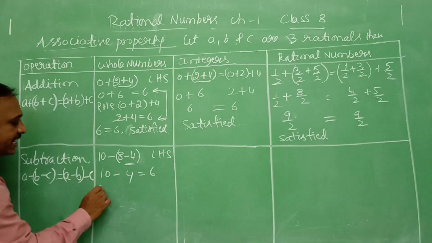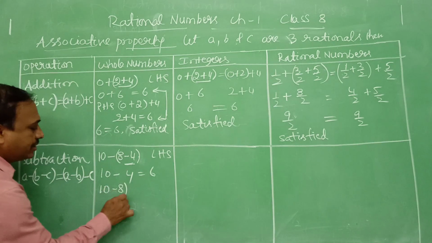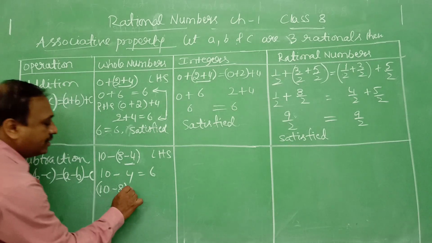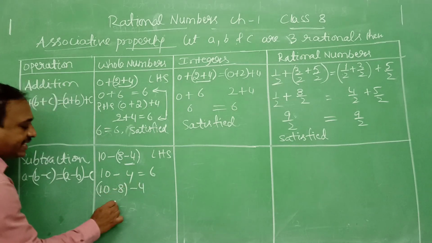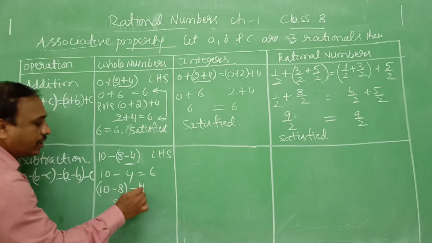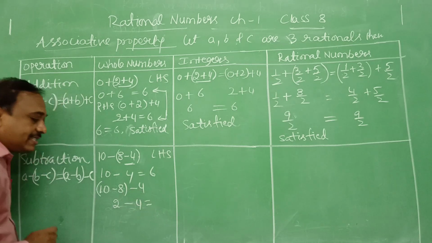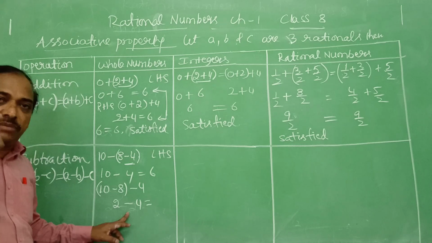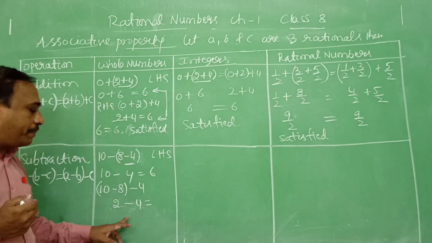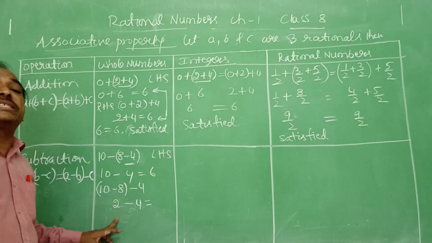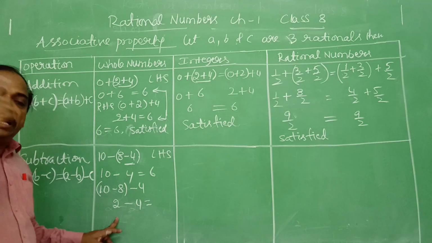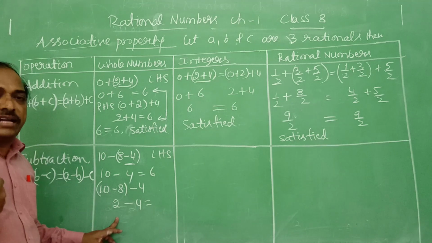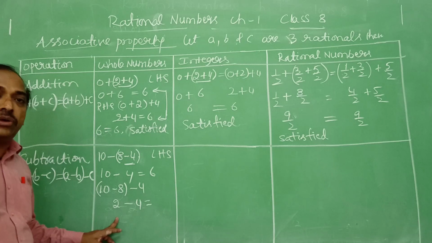Now we are changing the bracket: 10 minus 8, then minus 4. So 10 minus 8 is 2, and then 2 minus 4. Even in class 6 we discussed this associative property. Whole numbers cannot be subtracted like 2 minus 4; we learned how to subtract such numbers in the integers topic.